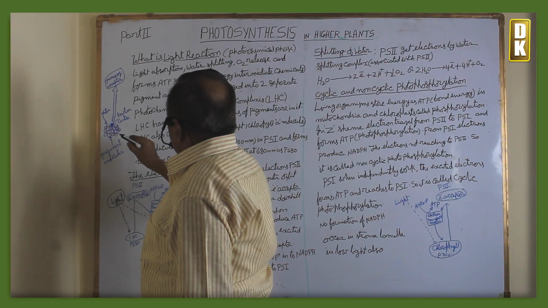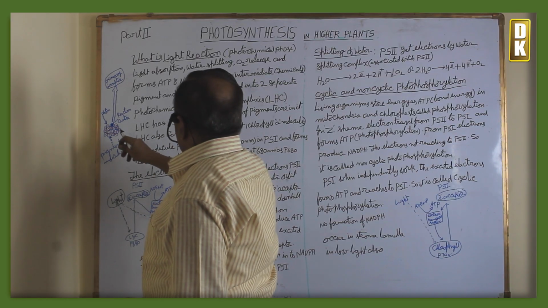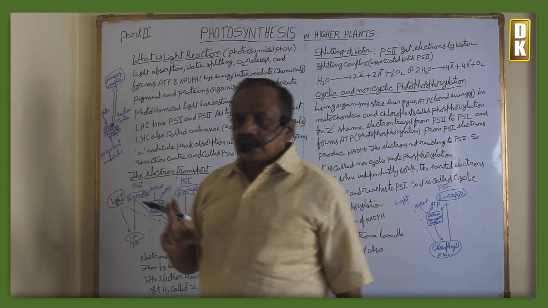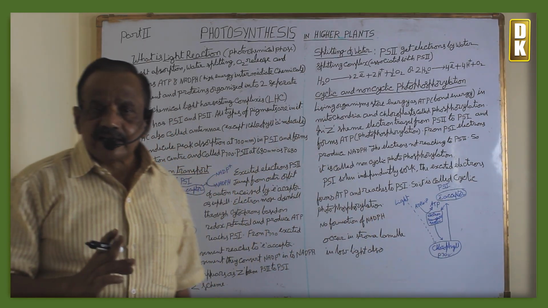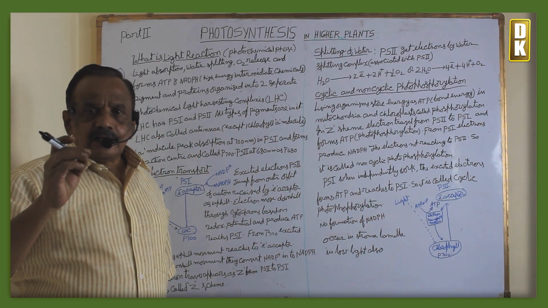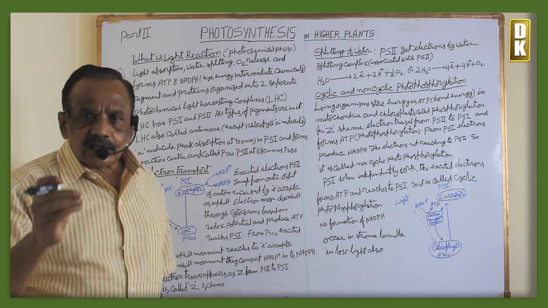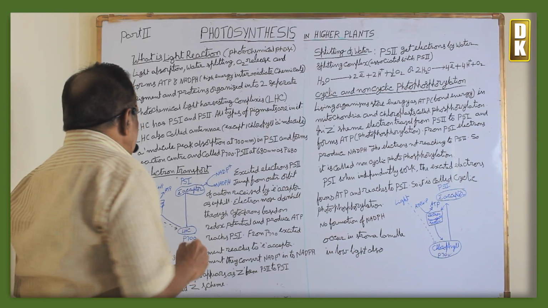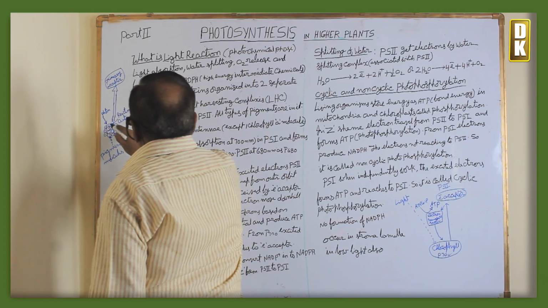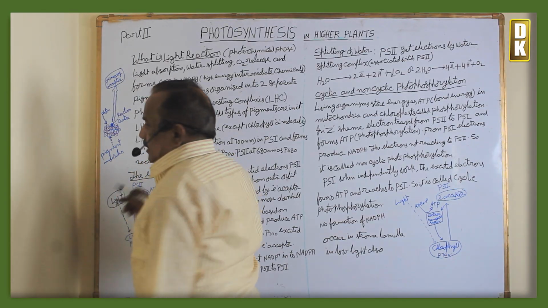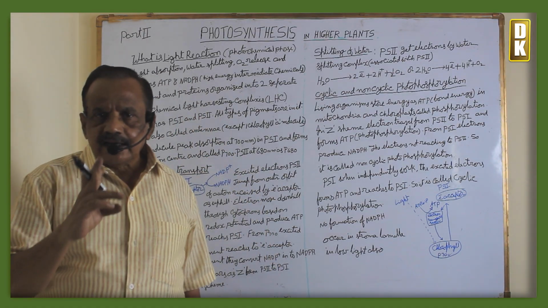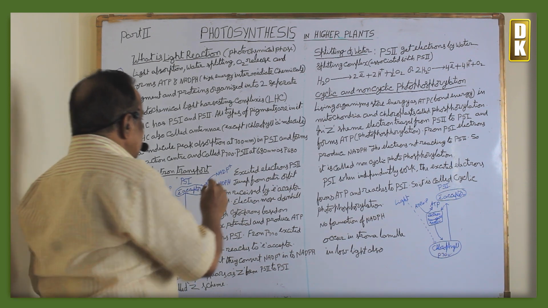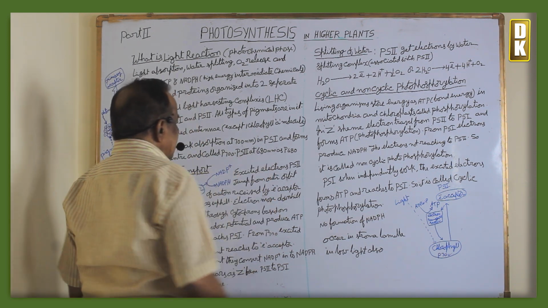Now the thing is, when it is receiving the light, the reaction center absorbs light at peak level at different wavelengths. For example, chlorophyll A, that is the reaction center, will absorb at peak level at 700 nanometers of light, while the other will absorb at 680.